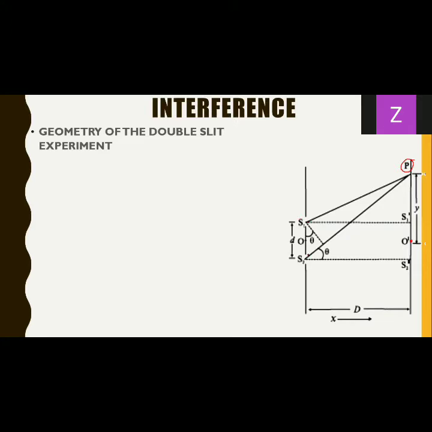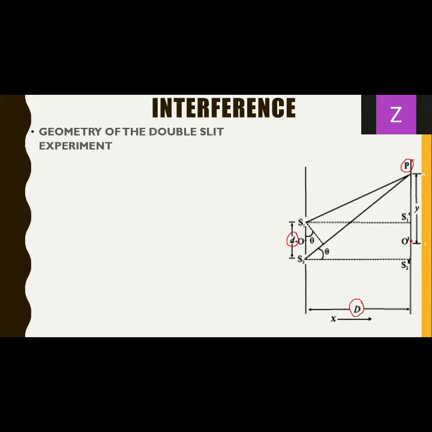This is the part of slits S1 and S2. Now the distance between slits and the screen is given by capital D. So what is capital D? Capital D is the distance between slits and screen. We have small d over here. Small d represents the distance between the slits S1 and S2.